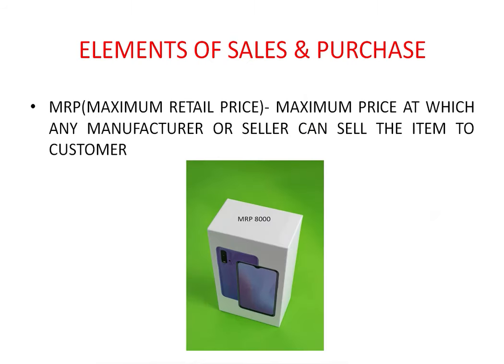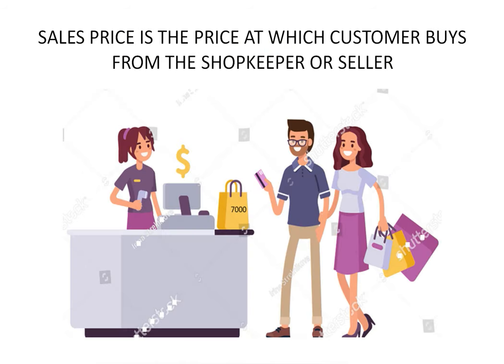In the last slide, we have seen that the MRP of that phone is 8,000 rupees. Here, the shopkeeper sells it at 6,000 or 7,000 rupees. So sales price is the price at which the customer buys from the shopkeeper.